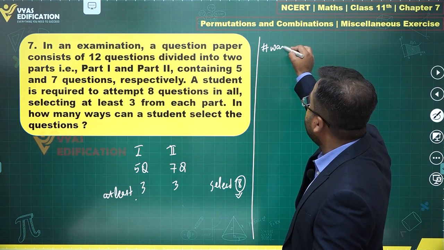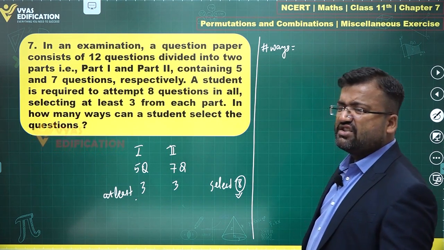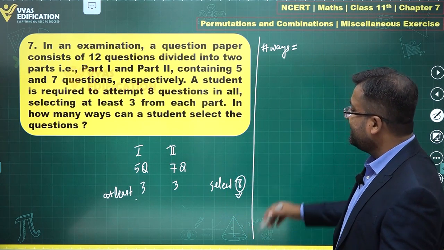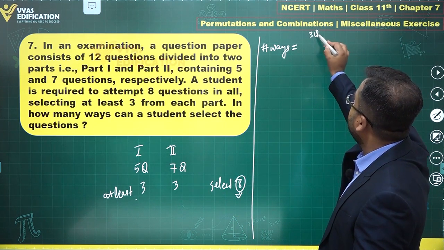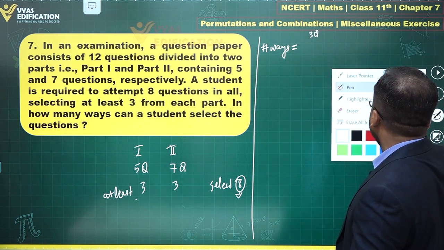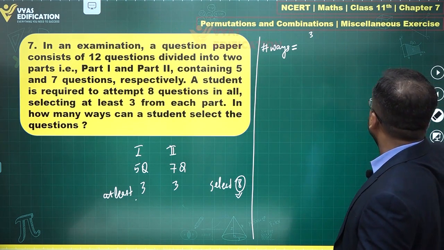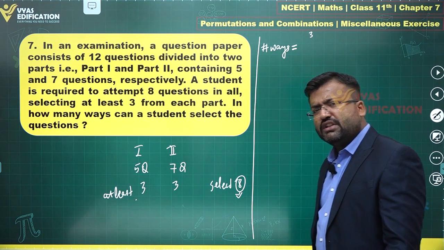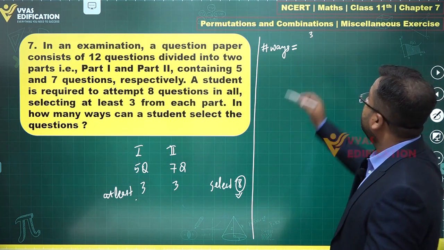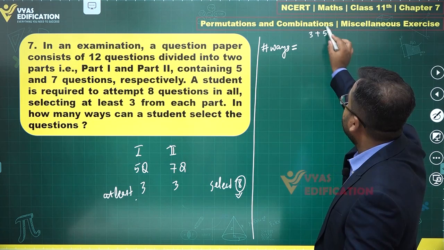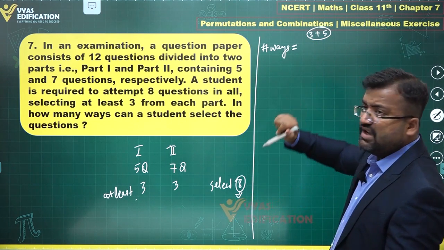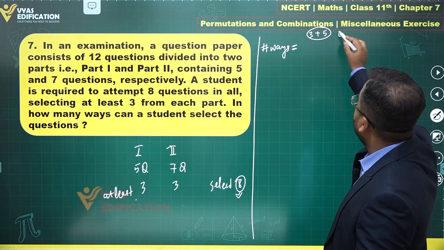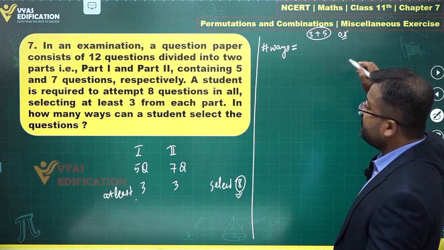For finding the number of ways, let's see what kind of selections we want to make. In the first part, I can select 3 questions. If I select 3 questions from the first part, from the second part I need to select 5 questions to make the total selection 8, right? So 3 plus 5 is what I need. That's one selection. Or let's select more questions from the first part.